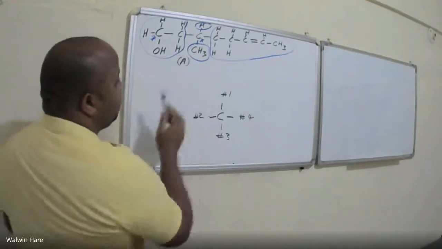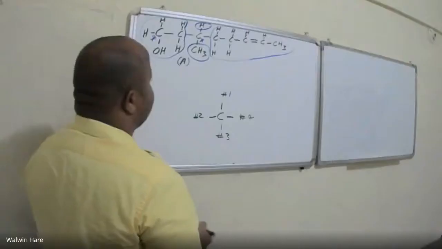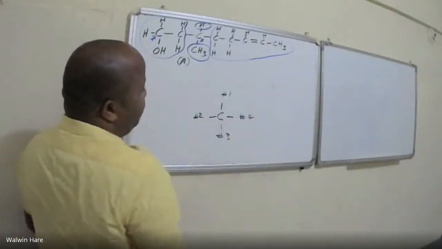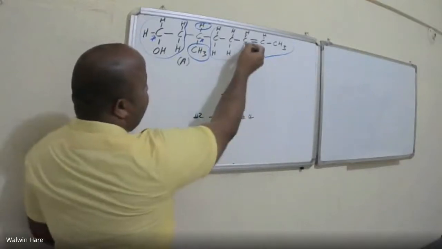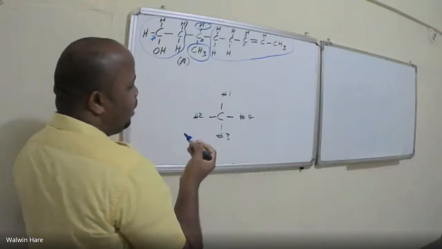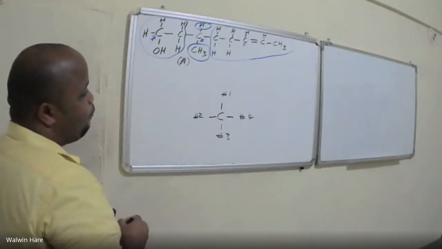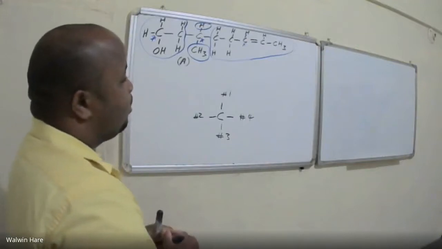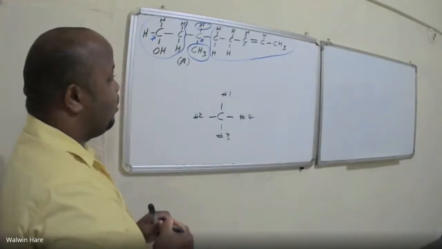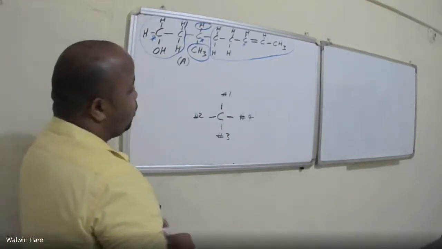So let's check. Would this one qualify? No, sir, 2 hydrogens. Right. This carbon, how many groups does it have attached to it? Does it have 4 groups attached to it?